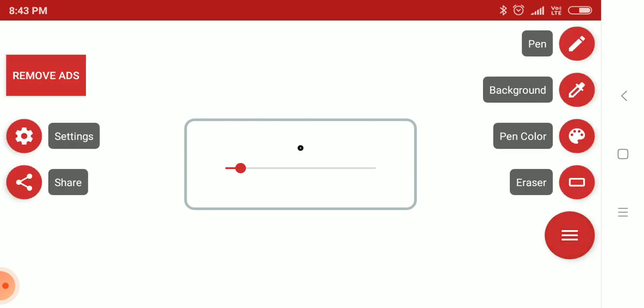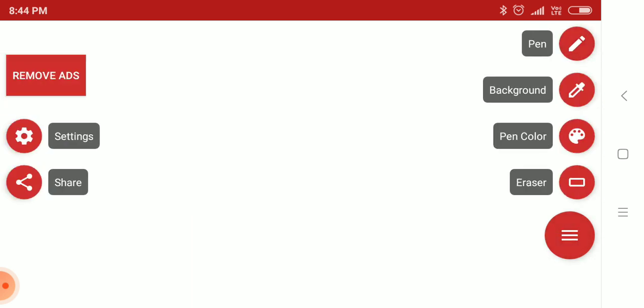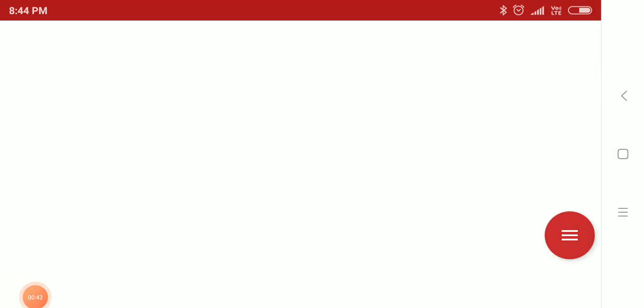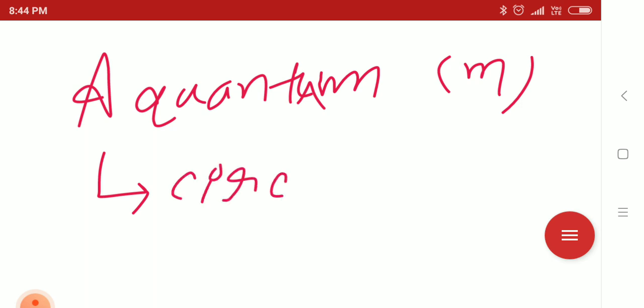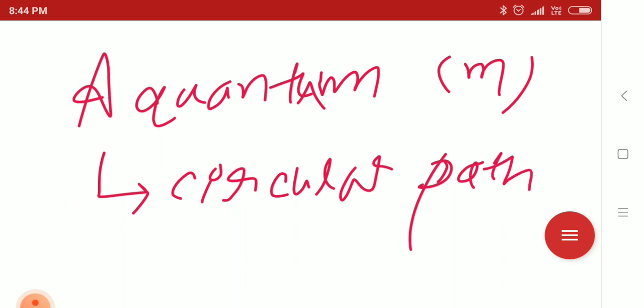What was that problem? The problem is: a quantum particle has mass m and is moving in a horizontal circular path of radius a.